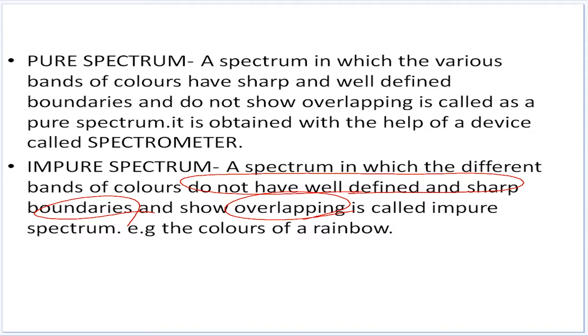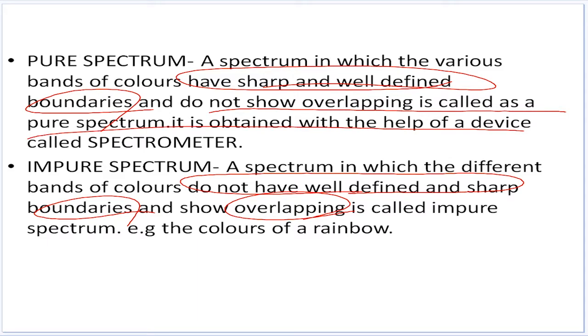Now, it is not necessary that always we will obtain an impure spectrum. A pure spectrum can also be obtained with the help of a spectrometer. Now, what is a pure spectrum? A spectrum in which the various bands of colors have sharp and well defined boundaries and do not show overlapping is called a pure spectrum, and it is obtained with the help of a device called a spectrometer.